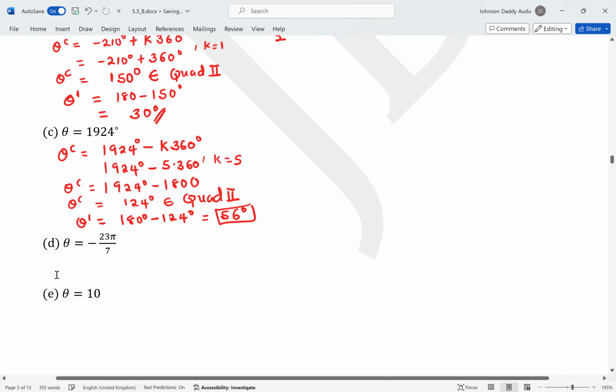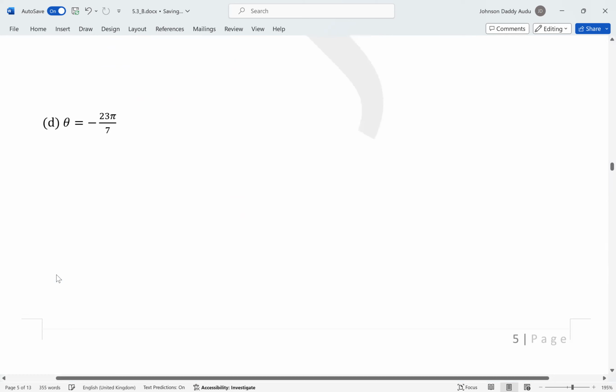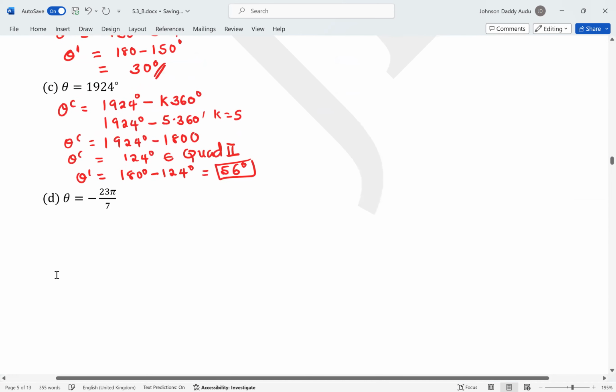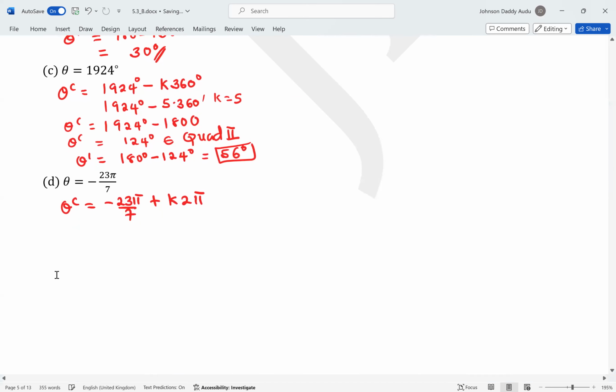Now for D, we're dealing with pi. So what can we do? Here also, we can find the coterminal first. Coterminal will be minus 23 pi over 7. Now we have to add k times 2 pi, right? So what can we choose as k?